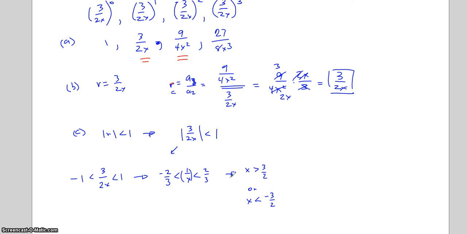You have to think through why this is, but let's just do a couple sample cases. If x is a really big number, let's call it 300, we could easily see that when we put 300 in here, 3 over a big number is going to be less than 1. If x was negative 300, same thing, it's just negative this time.